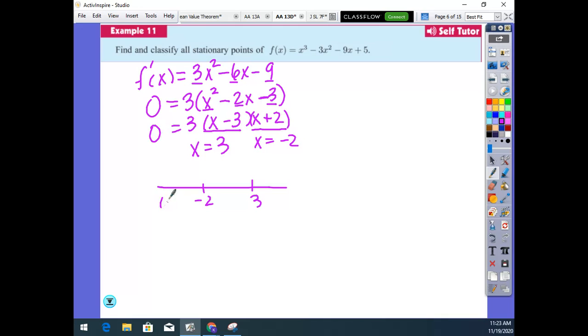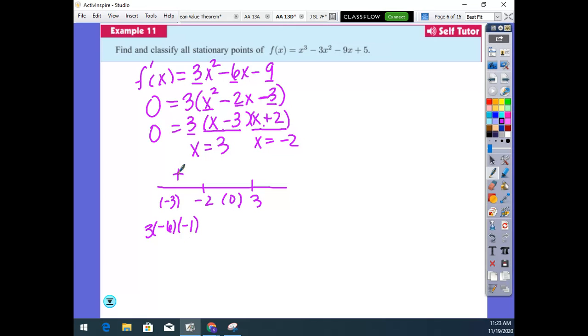So then we're going to plug in, say, negative 3 back in here. When I plug negative 3 in, I get 3 times negative 6 times negative 1. That's a positive value.